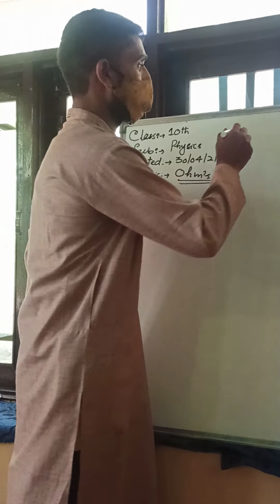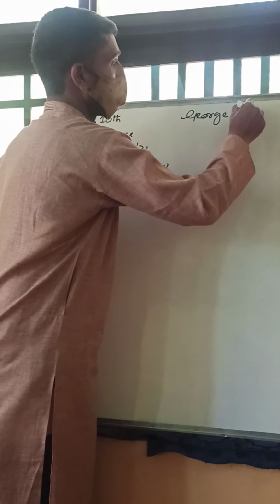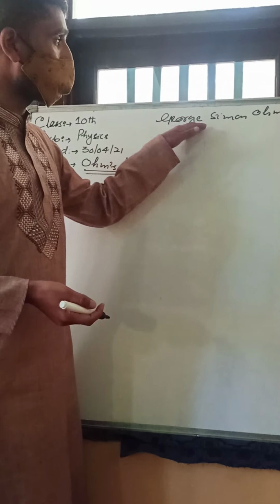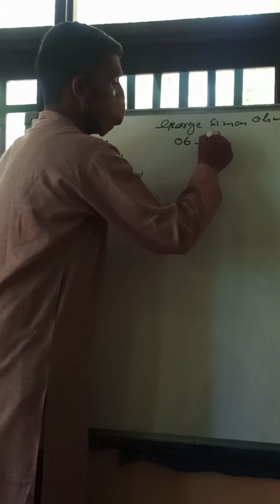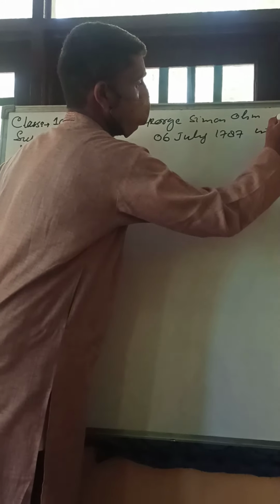There was a scientist. His name was George Simon Ohm. He was born on 6 July 1787 in Germany.